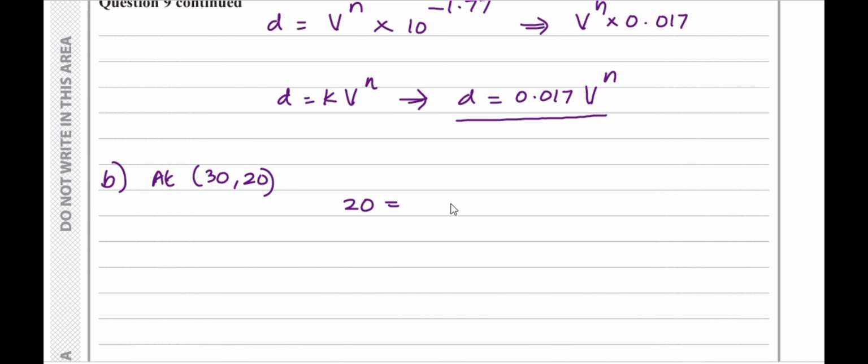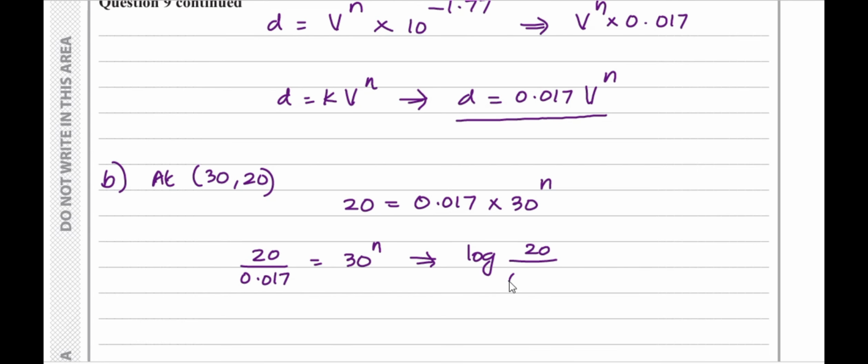20 equals 0.017 times 30 to the power of n, right? Therefore 20 divided by 0.017 equals 30 to the power of n. Now taking log on both sides, we could write log of 20 over 0.017 equals n log 30.